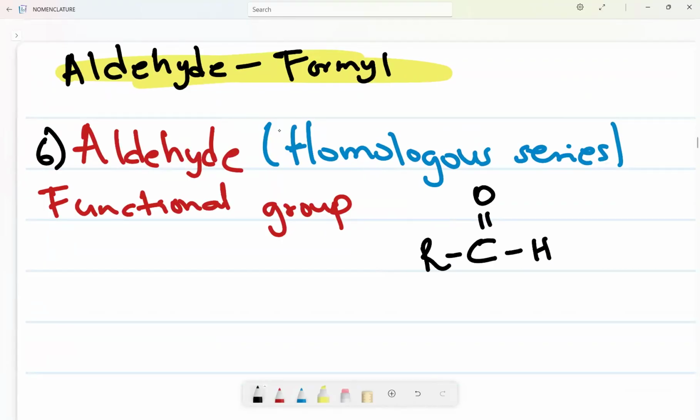This structure will always be like this: carbon, H, and O at the terminal carbon. When we are dealing with aldehyde, this is always at the terminal carbon.